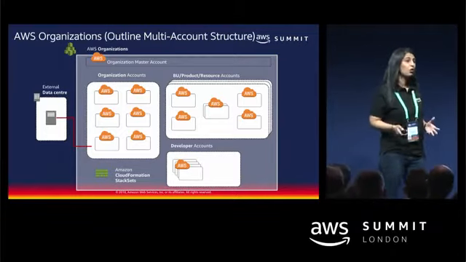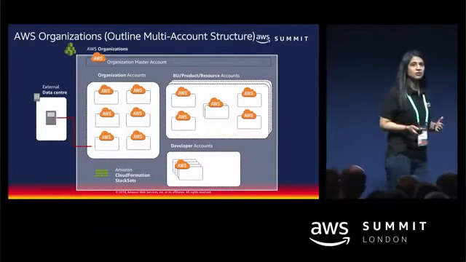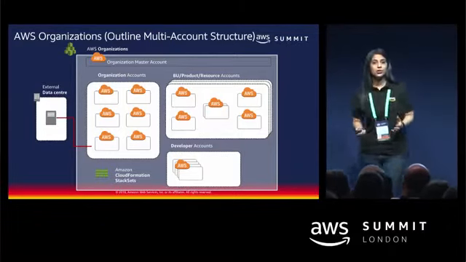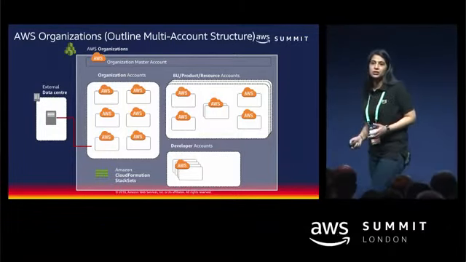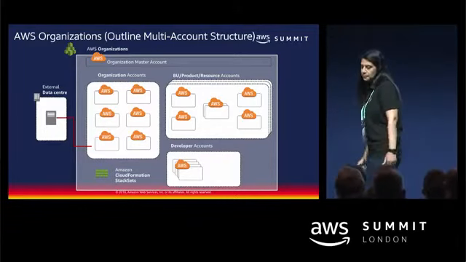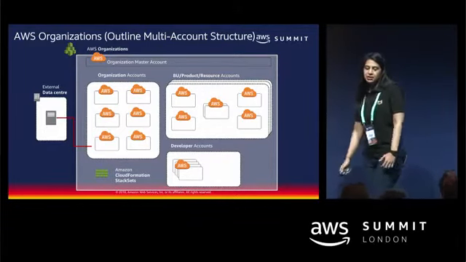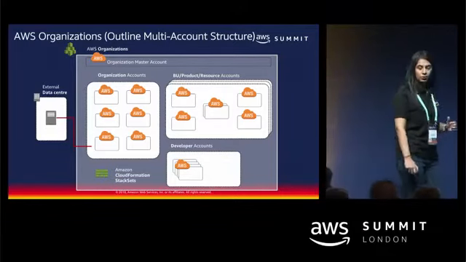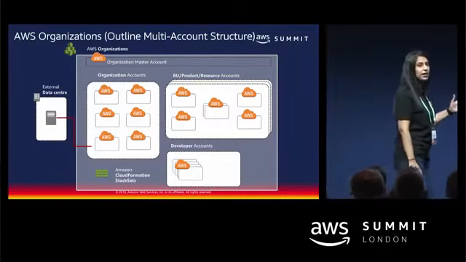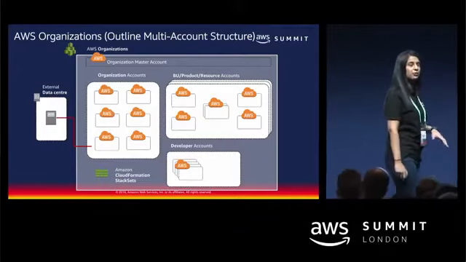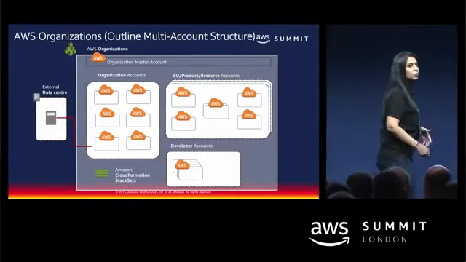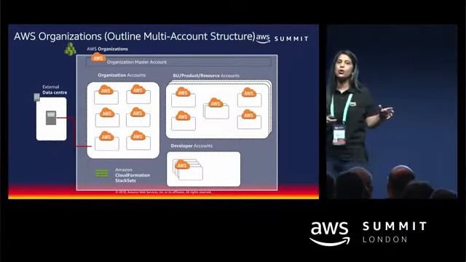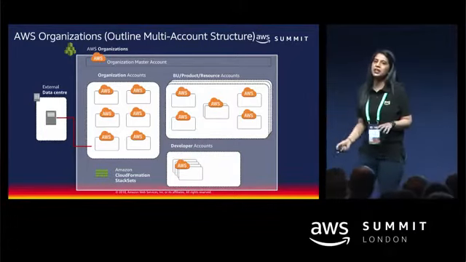So when things go wrong, when people are writing test bugs, or something blows up, you know that your mission-critical production accounts are not affected. At the bottom of the screen, you see Amazon CloudFormation StackSets. It's a fairly new release that works with AWS Organizations specifically. So you can build, deploy, and test across various accounts all in one go, into that entire fleet of accounts if you choose to.